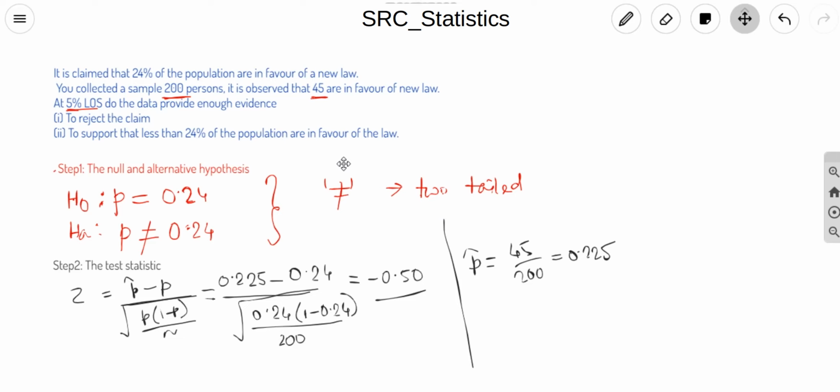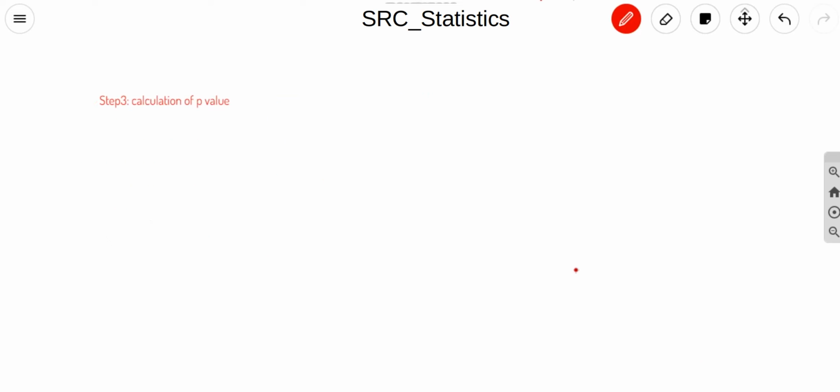For the p-value approach, step 1 and step 2 are the same, that is we formulate the null and alternative hypothesis and calculate the value of the test statistic. Then we go to the third step, that is calculation of the p-value. Remember, this is a two-tail test. Therefore, the p-value will be at both tails of the Z curve.